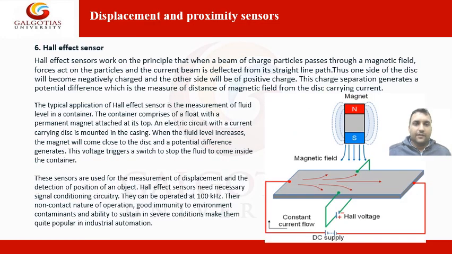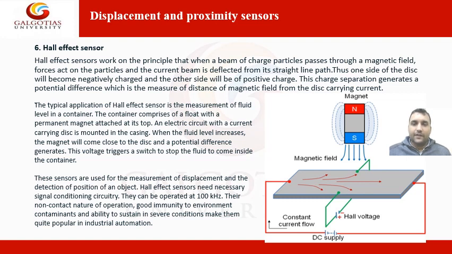Hall effect sensors work on the principle that when a beam of charged particles passes through a magnetic field, a force acts on the particles and the beam is deflected from its straight line path.